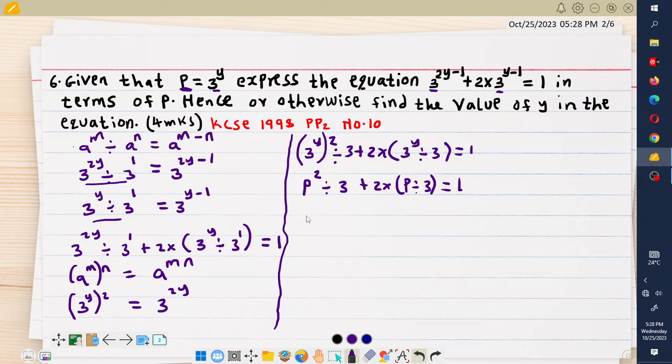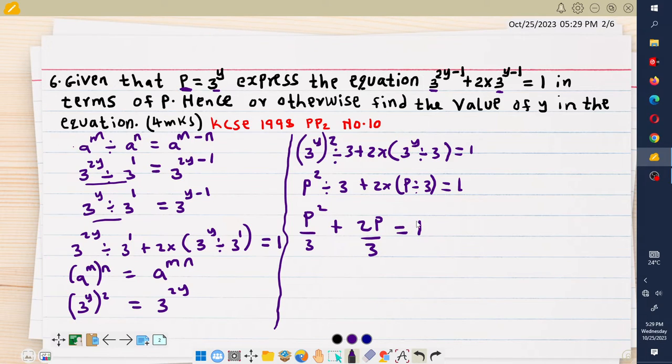So this can be rewritten as p squared divided by 3, then plus I can also rewrite this as 2 will multiply with p, so that I get 2p, then divided by 3, so the whole thing over 3, so this should be equal to 1.